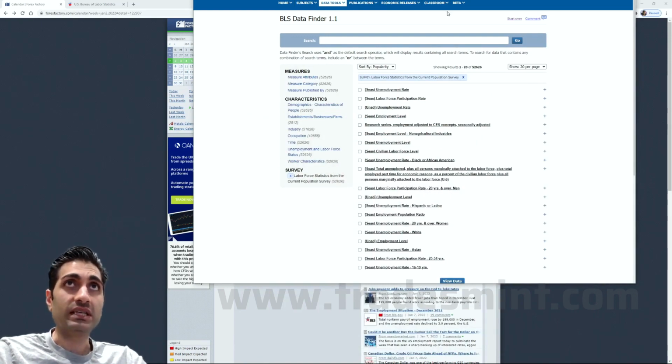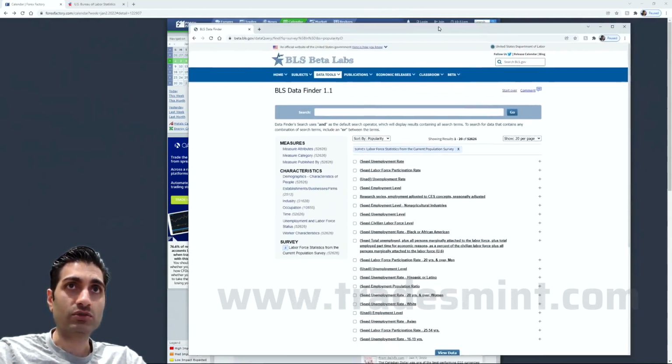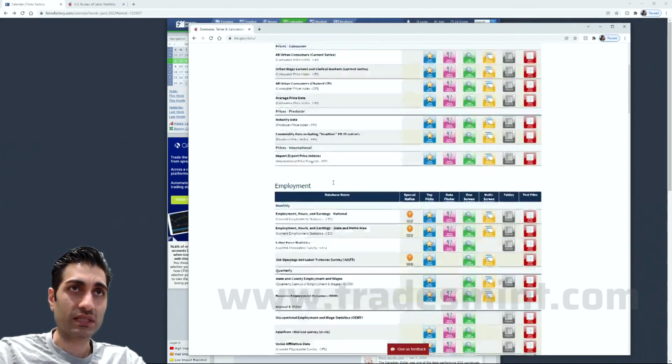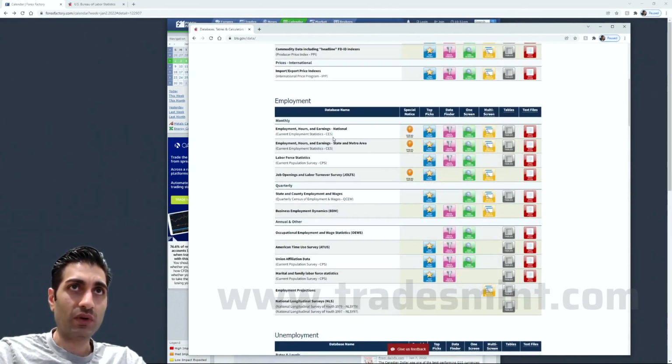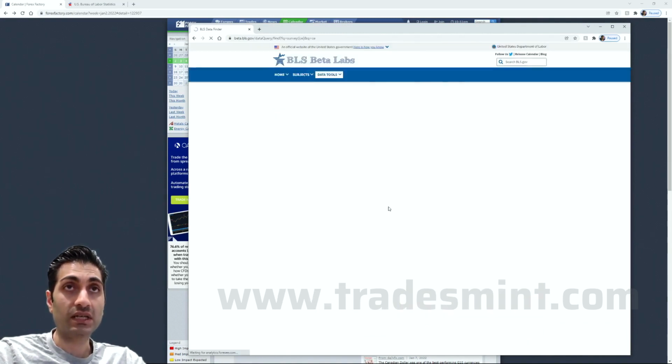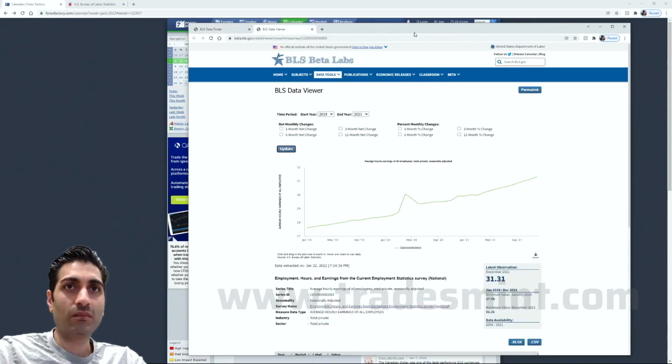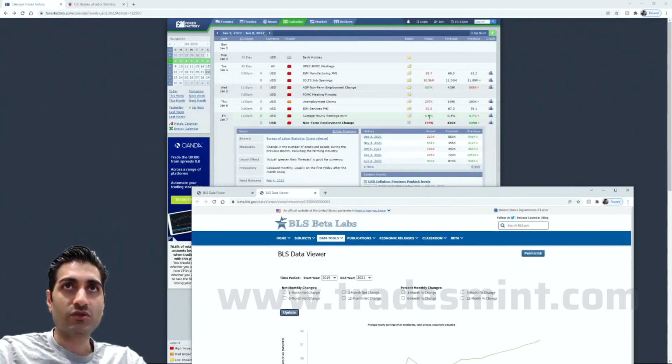And then finally, the average hourly earnings, which is very important. You can find that. Let's have a look. Let's go back to data tools and back to topics, and I believe it's here somewhere. The establishment survey, hours and earnings, data finder. Okay, can you see that average hourly earnings? Again, people look at this number, 0.6%.